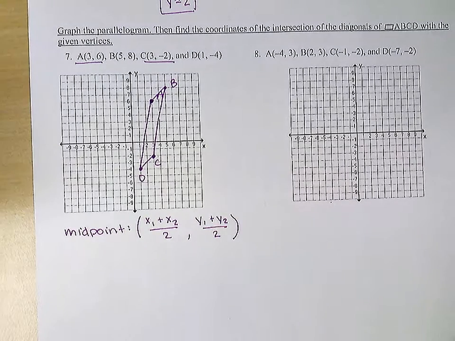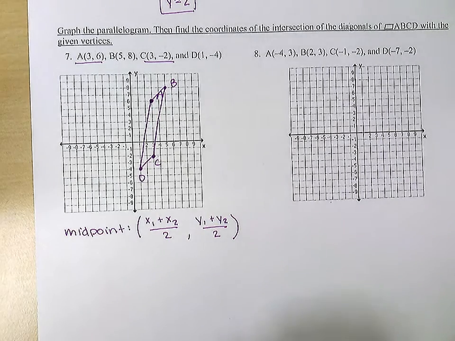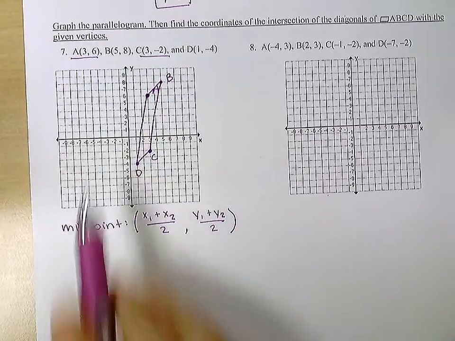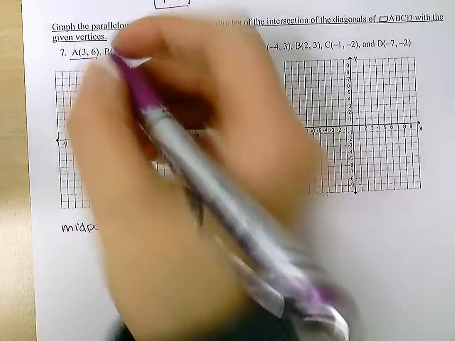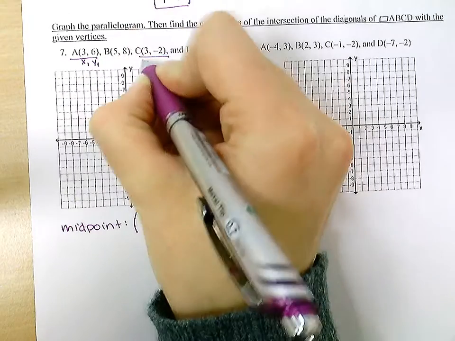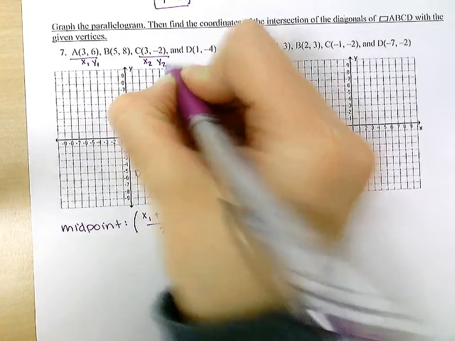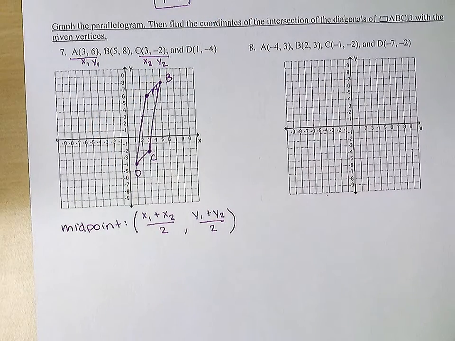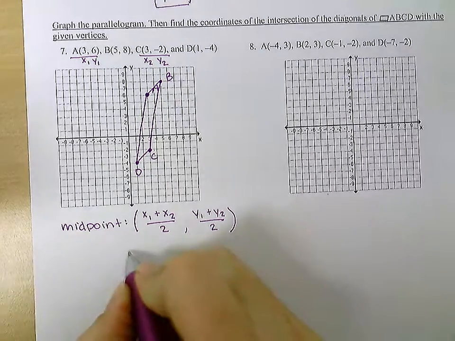So we can take those 2 coordinates that are opposite each other and find that midpoint to find where our diagonals will intersect on a graph. Up here, I would have (x1, y1) and (x2, y2), and I can just plug that into the midpoint formula.